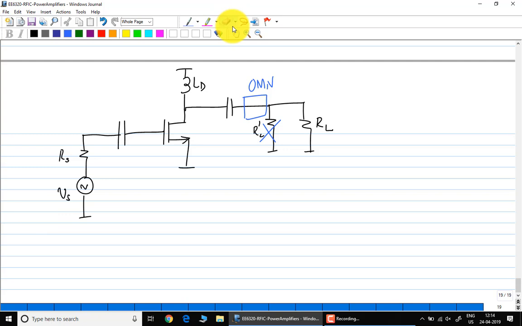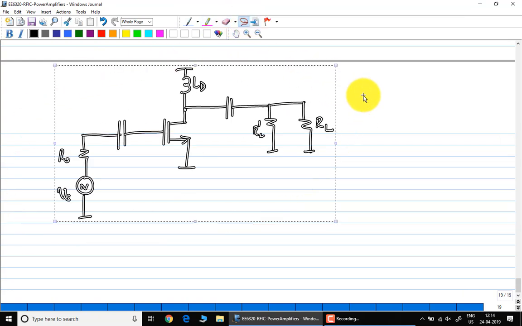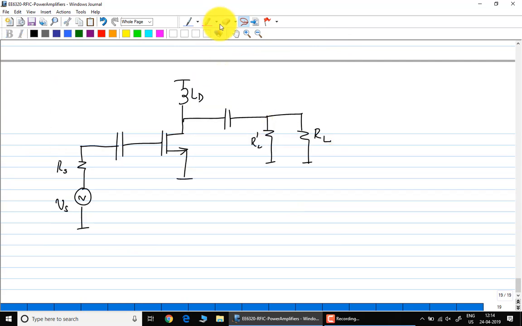Let me draw that in a slightly different way to make it more specific to our case. Maybe I'll just repurpose this.